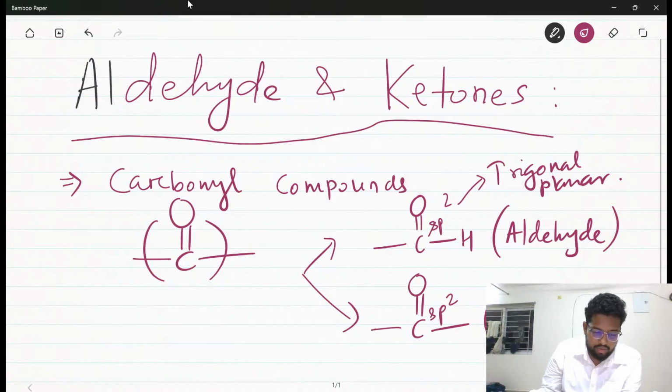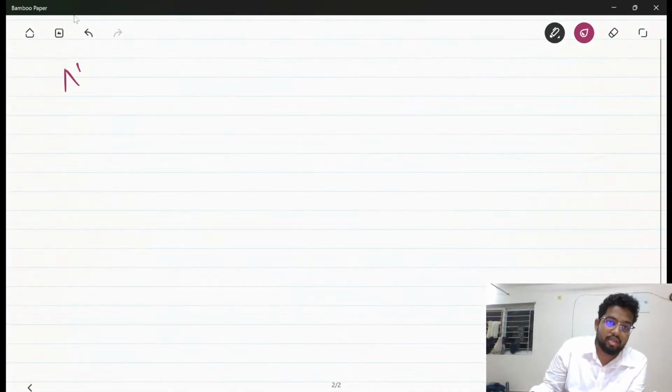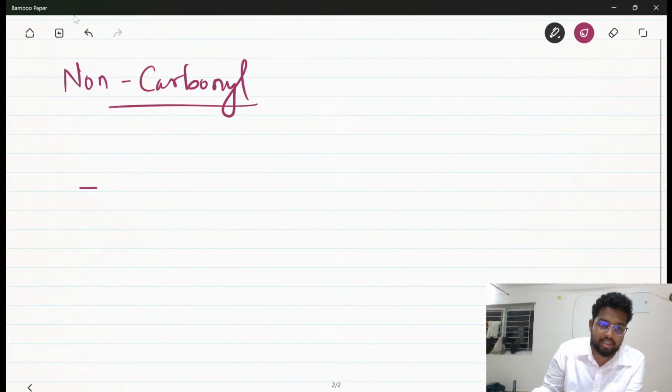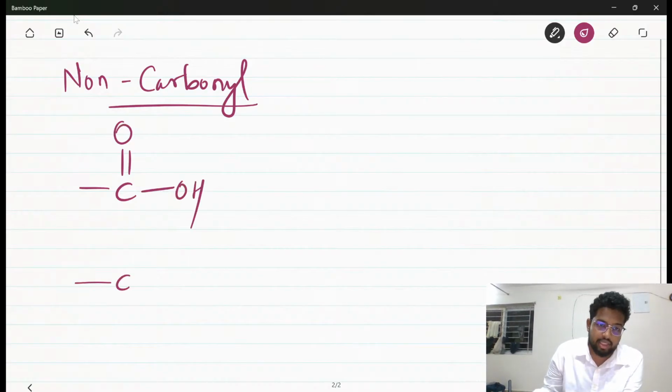Okay. So now, what are non-carbonyls? Many times we confuse. Although they also have C double bond O characteristic, they are non-carbonyl functional groups. First is carboxylic acid. Then second one is acid chloride. How to convert this acid to acid chloride?